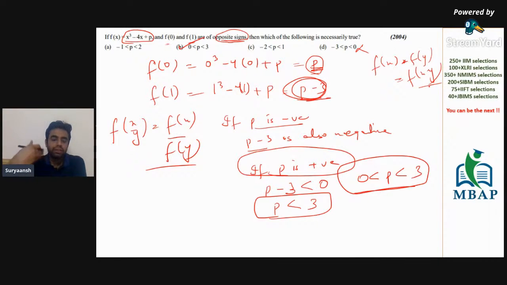Many times you can assume certain functions, like f of x into f of y is f of xy, then basically it's just a square function. Using those kinds of tricks would make your work easier and take less time.